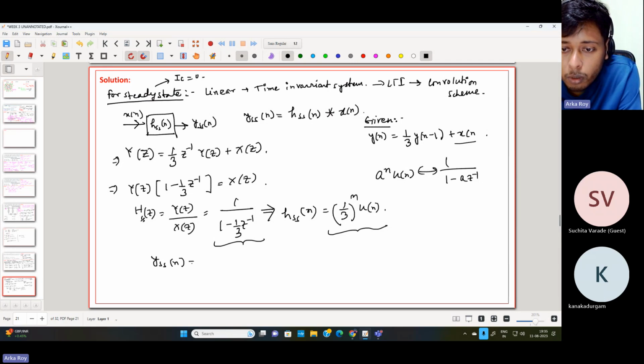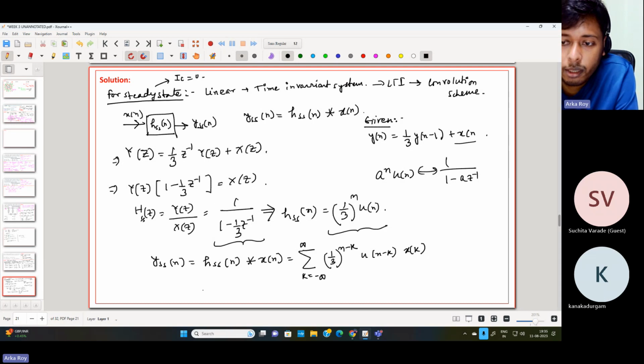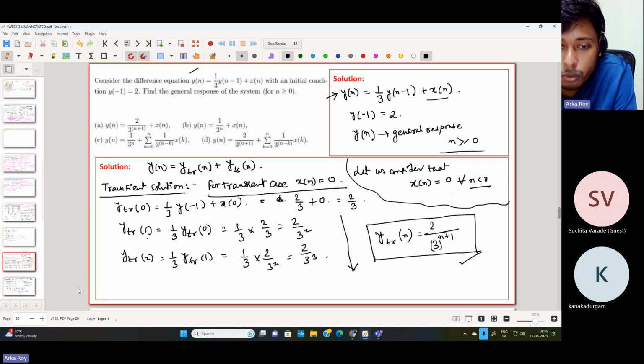Therefore, yssn, we already have told that it is the convolution between these two sequences. So I can say the convolution will be 1 upon 3 n minus k un minus k xk, and k is varying from minus infinity to infinity. Therefore, the steady state solution is looking like this, and we already have got the transient solution.